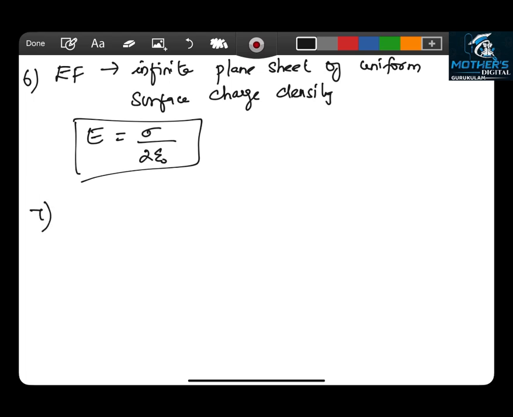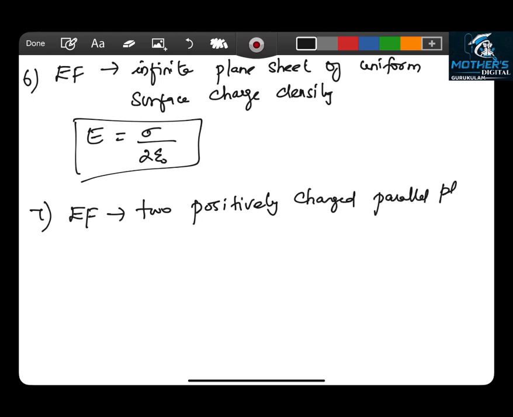The next one, electric field due to two positively charged parallel plates with the charge densities sigma 1 and sigma 2.